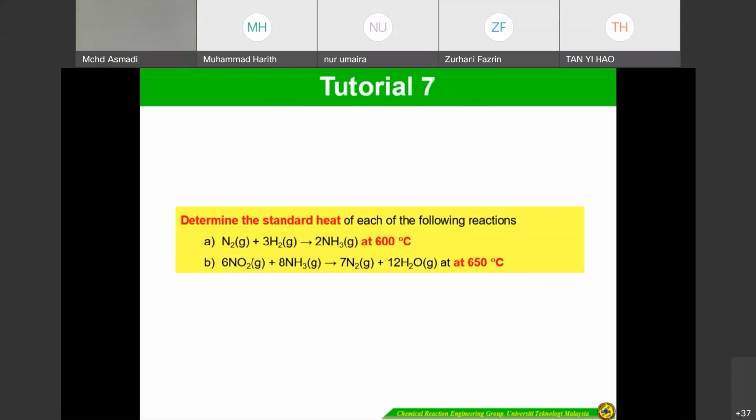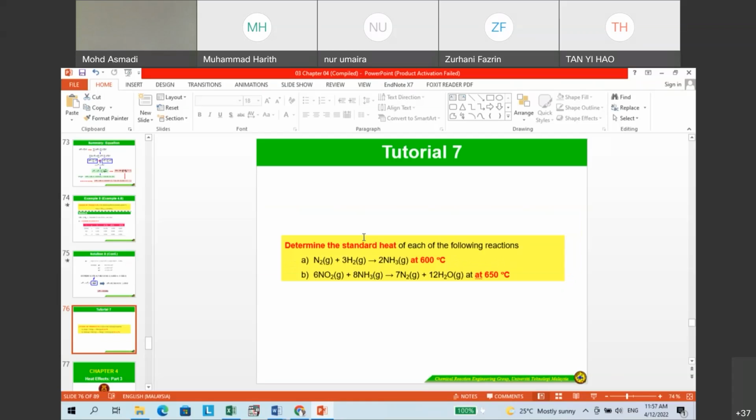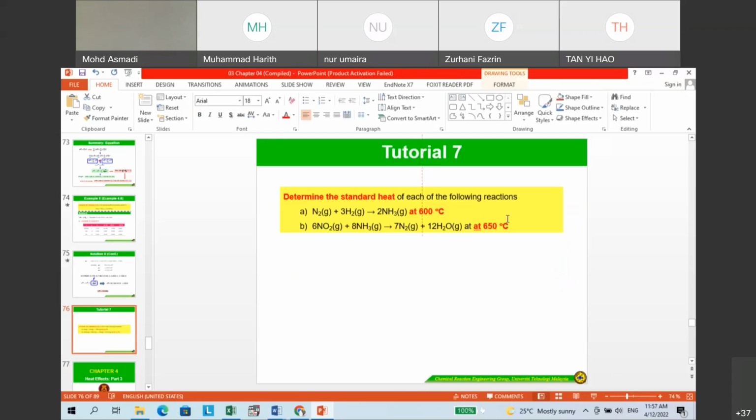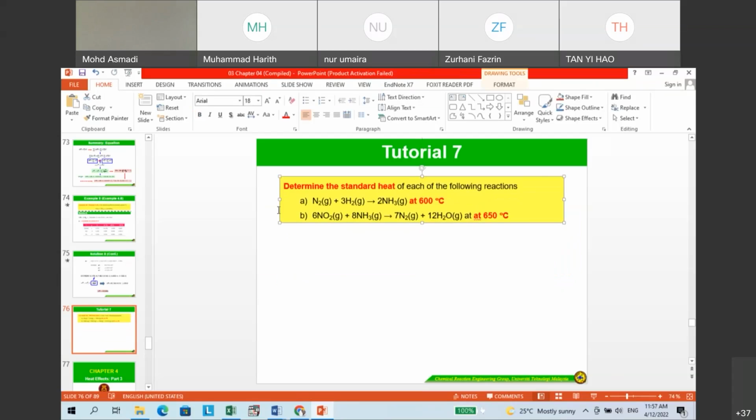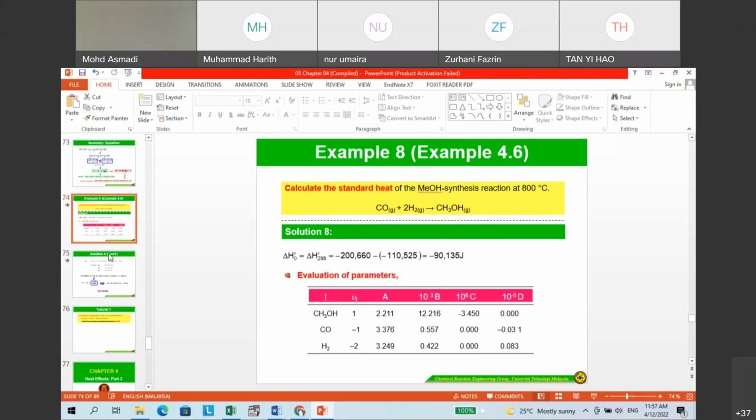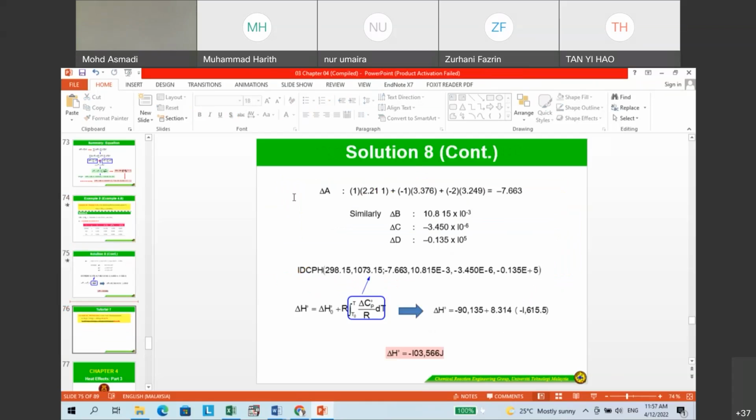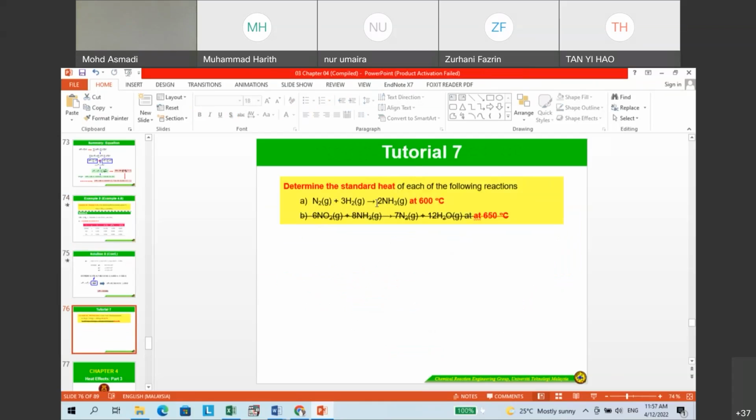Okay. Can you do this one? I'll give you around 10 minutes. Similar steps to this one. Please calculate nitrogen plus H2 equal to NH3.